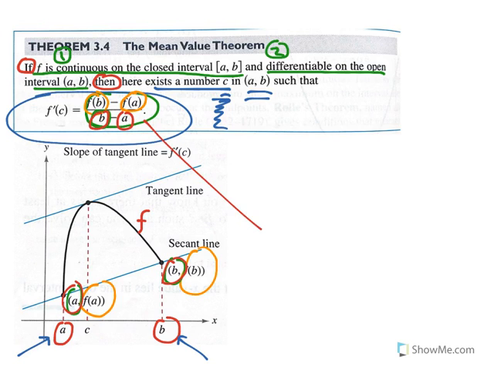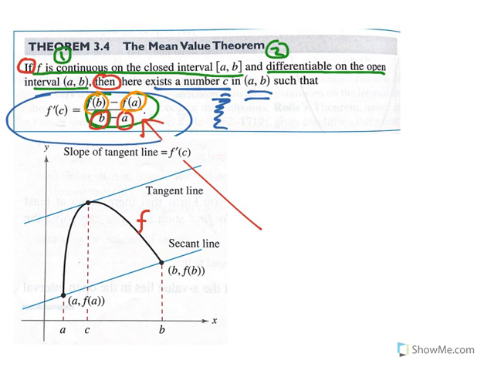In other words, the right side of this equation is telling you the slope of a line passing through these two endpoints. We'll call them points uppercase A and uppercase B. So the right side of that equation is giving you the slope of what we call the secant line passing through the two endpoints of the interval.